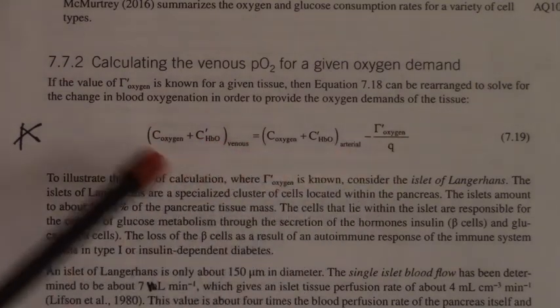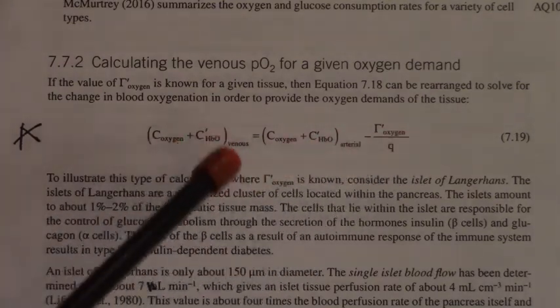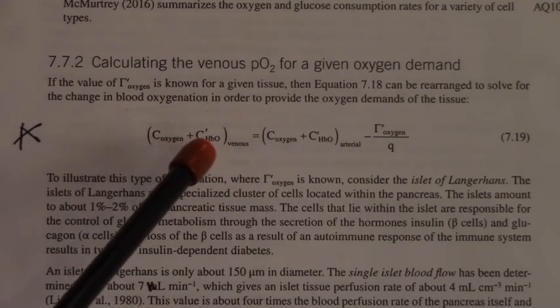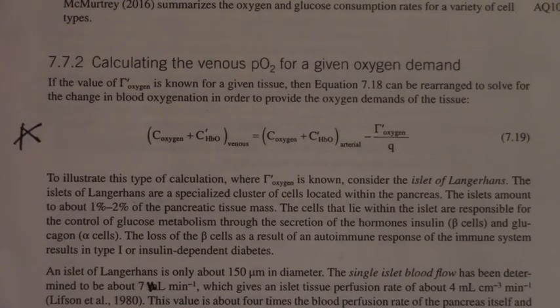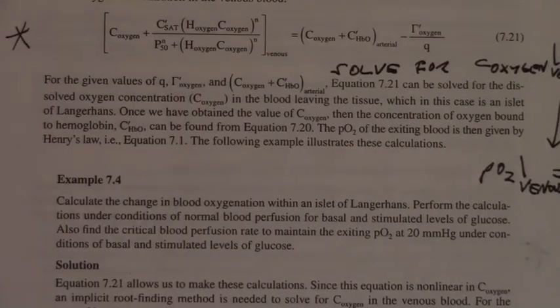So this calculation really gives you a nonlinear algebraic equation, which you'd have to solve using some kind of root solving technique in order to find out what that is. And I talk about it in this section here. You can read through that on your own, and it continues over onto the next page.